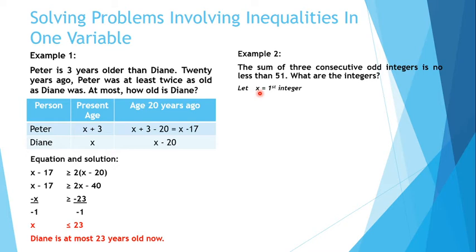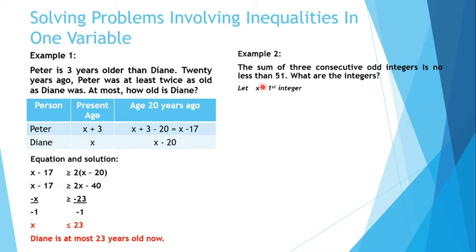So let x be our first integer. Now class, since these should be three consecutive odd integers, how are we going to create a formula for the second integer if the first integer is x?